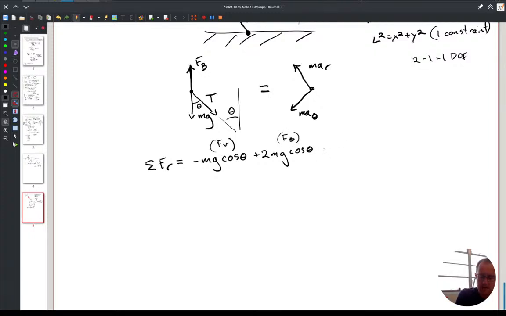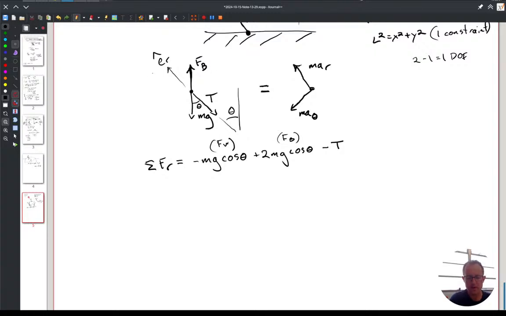And then a minus t, because I'm taking this whole thing and just trying to figure out what the components are along that ER direction. So my mg term is moving along that cosine part, and then that FB is also that cosine, but in the positive direction.